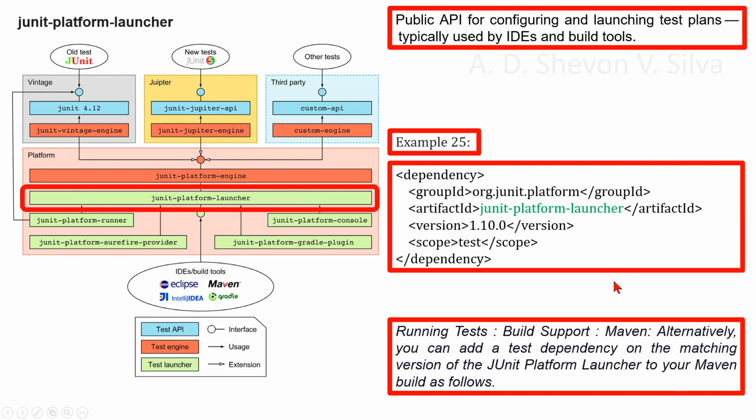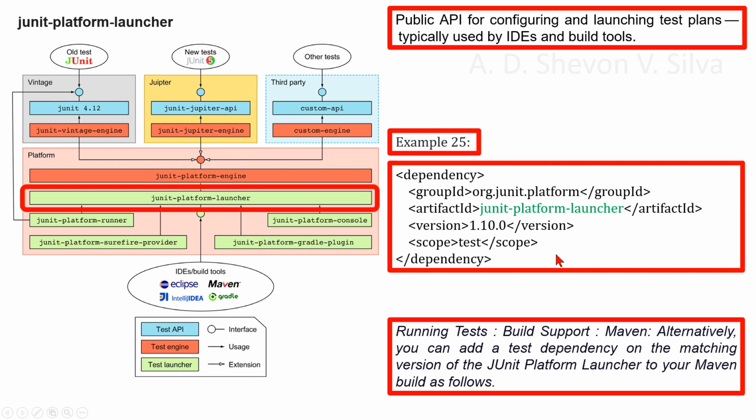Now we are considering the use of Maven Surefire/Failsafe 3.0.0-M4 or later to avoid interoperability issues in Maven build support when running tests. Maven Surefire or Failsafe 3.0.0-M4 introduced support for aligning the version of the JUnit Platform Launcher.